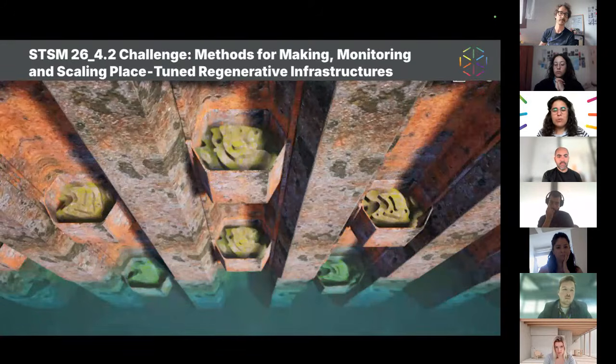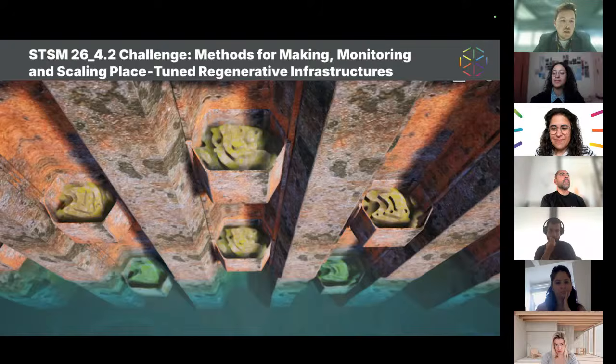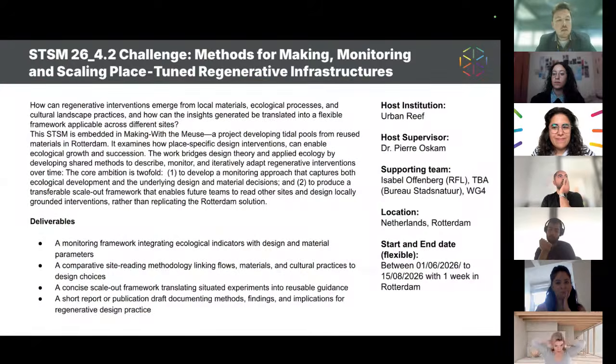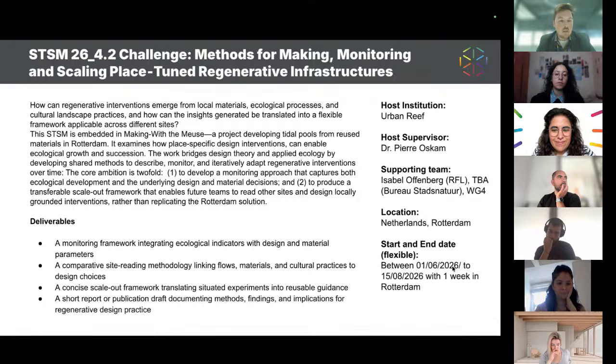And now I will move to Pierre. Yes, hello. This challenge focuses on an intervention done in the city, creating tidal pools from materials found in the same area. This research will mostly be about creating a monitoring method for the tidal pools. On the other hand, think about a framework for how to scale this.